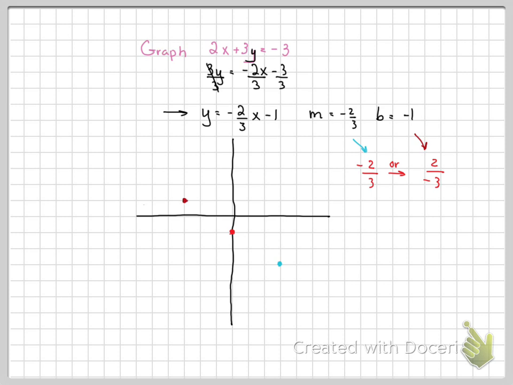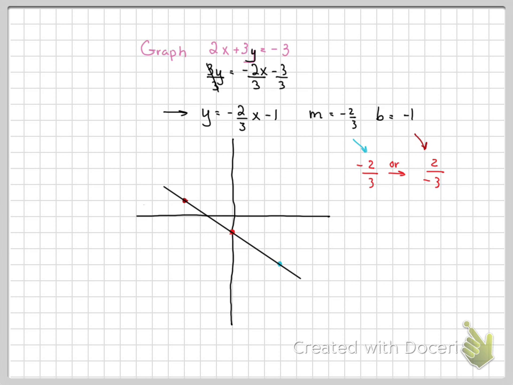So again, it just proves that it doesn't matter where your negative is, okay? You will still end up with a point on the same line in both cases, whether you put the negative with the 2 or the negative with the 3.